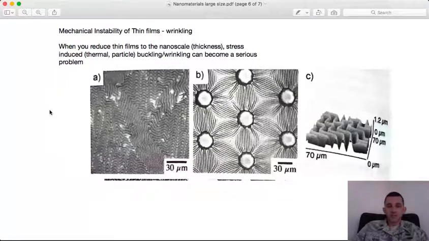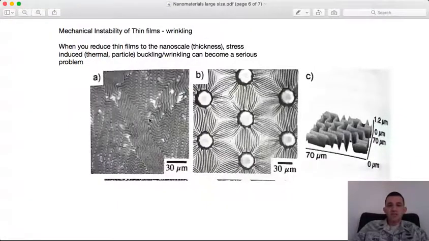So if, as a function of forming this film, you have induced stresses due to the way it was cooled or its proximity to a certain particle, then that stress gradient is going to increase the energy of that film, and so it's going to look for a way of relaxing that stress.